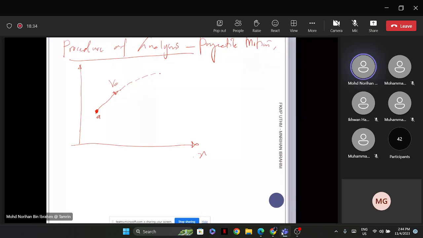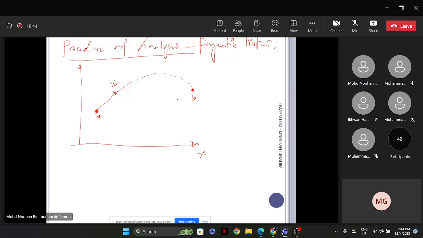The curved dotted line represents the path of motion of this particle from A to the final position, which is considered as B. The origin is O. So from O to A, it has a horizontal distance of XA.